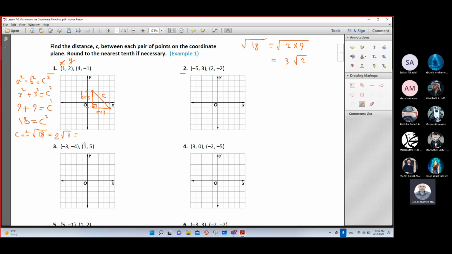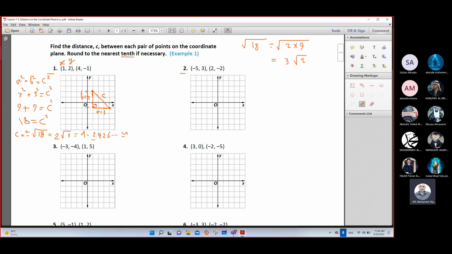So the square root of 18 equals 4.2426, etc. We can do estimation here to the nearest tenths. This is the nearest tenths.